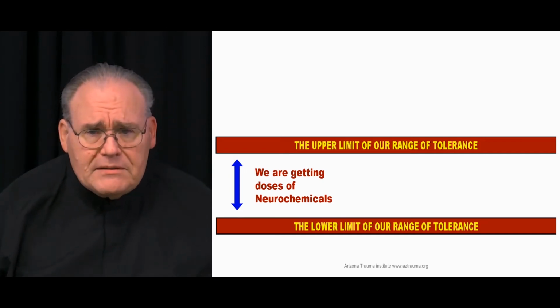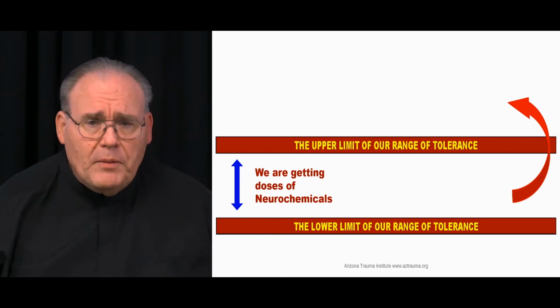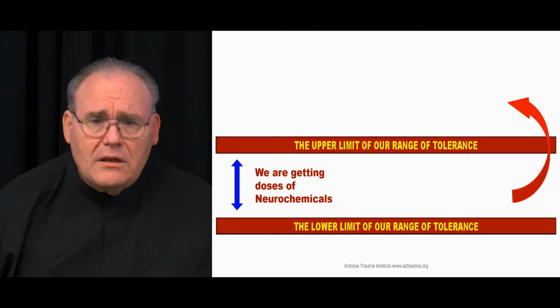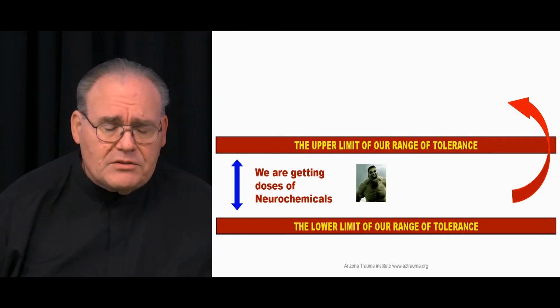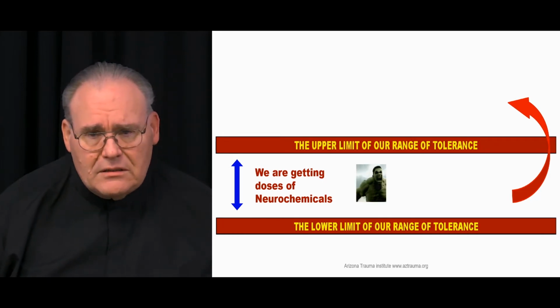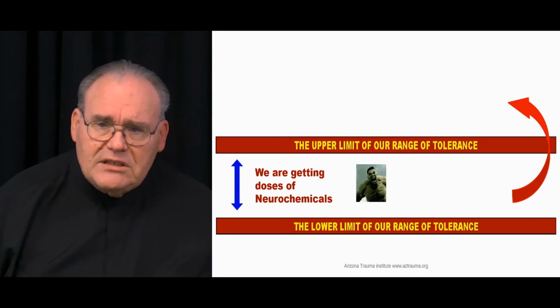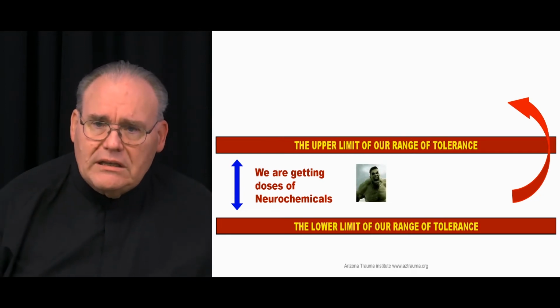And what happens is as we move past the upper range of tolerance, then our Hulk system, if you will, our strategic defense system, our self-protective system is going to kick in.